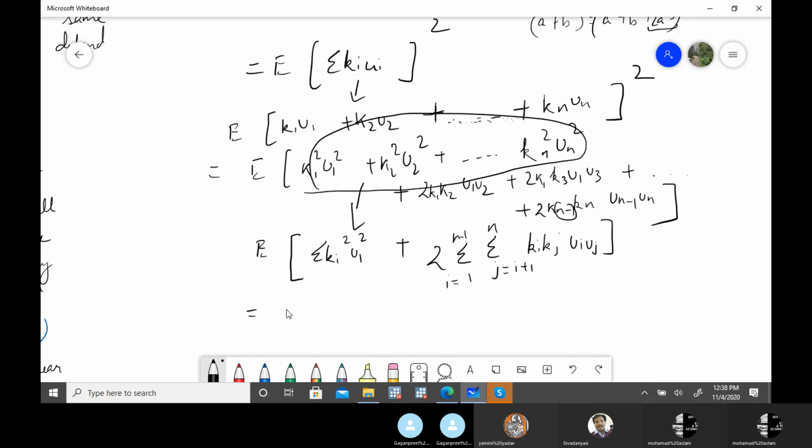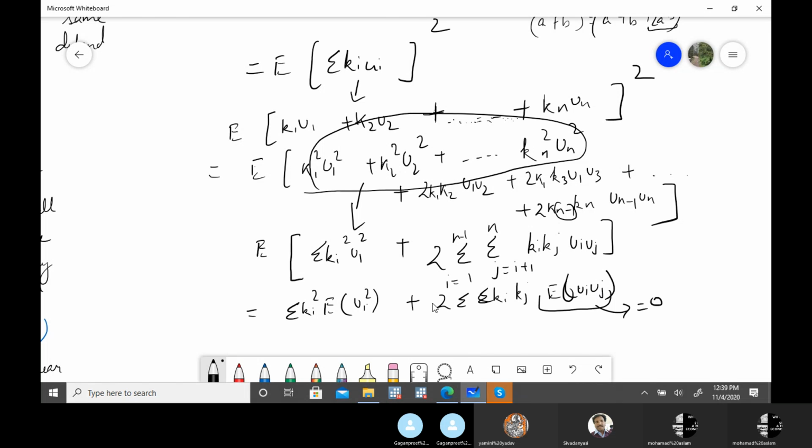Now if we open this bracket, ki comes from xi, which is fixed in repeated sampling. So the expectation is only with ui square. And here all the constant terms are outside, so this expectation is only with ui and uj, and this is equal to 0 by the assumption of no autocorrelation.